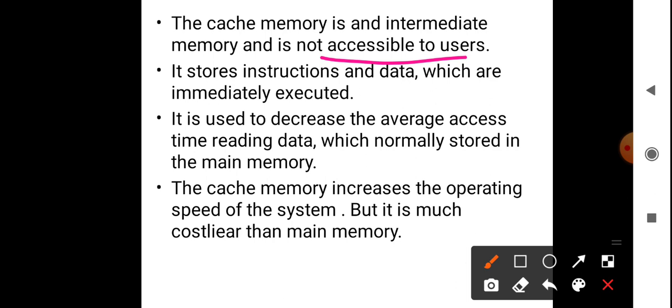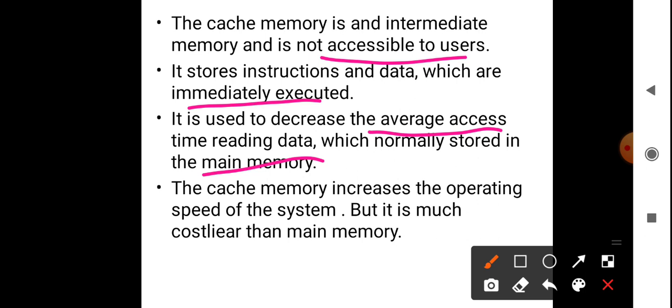Once the CPU executes an instruction, it is stored in the cache memory, and it is used to decrease the average access time for reading data normally stored in the main memory.